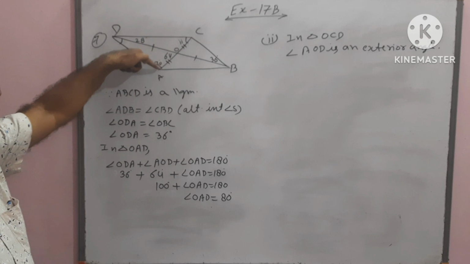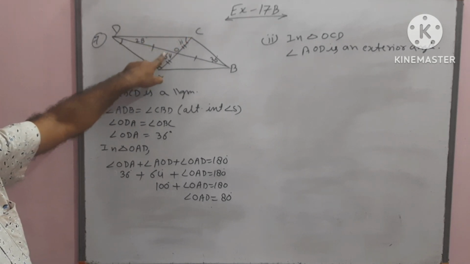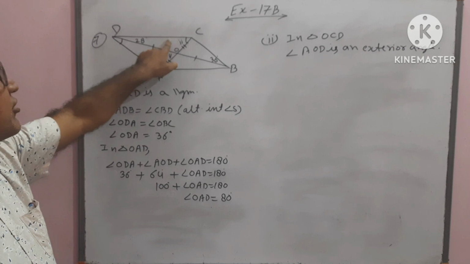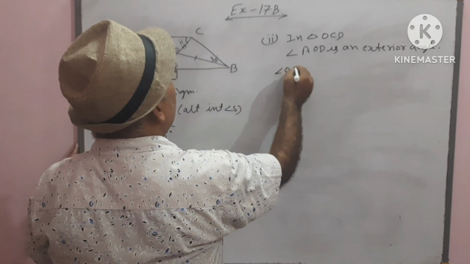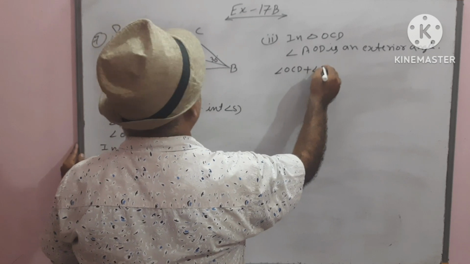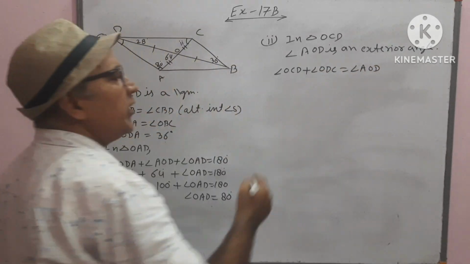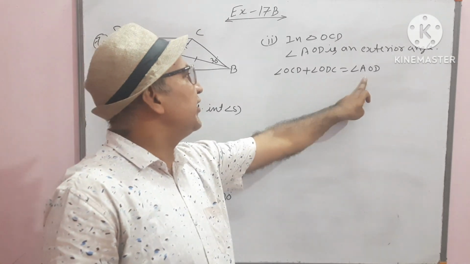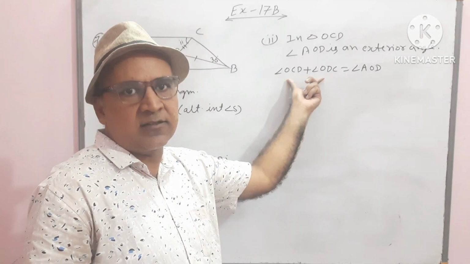CO has been produced. So this angle AOD will be called the exterior angle of this triangle. And we know that angle OCD plus angle ODC will be equal to AOD, because the exterior angle is equal to the sum of two interior opposite angles.